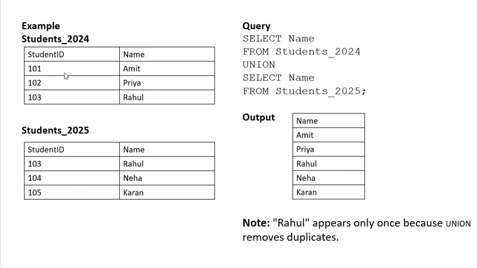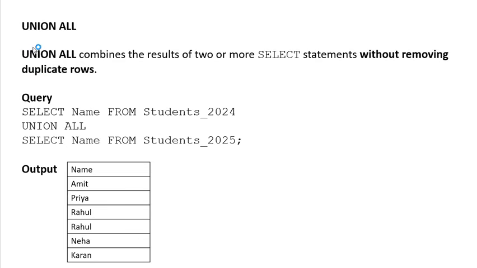First is Amit, Priya, and third is Rahul, and from the other table Rahul is two times, so it does not repeat; fourth is Neha, and fifth is Karan. Note that Rahul appears only once because UNION removes the duplicate values automatically.